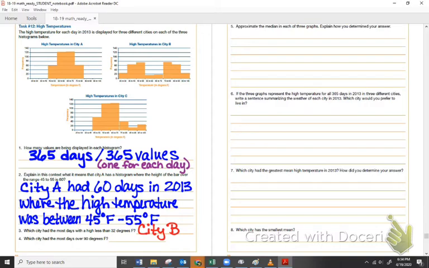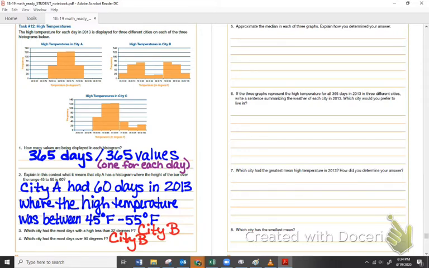City C had, let's look here, it looks like right about 10 or 11 days that were between 85 and 95. Just over 20 days that were in between 95 and 105. So between city B and city C, I'm going to go with city B had the most days over 90 degrees Fahrenheit.